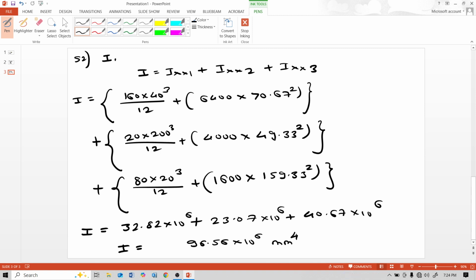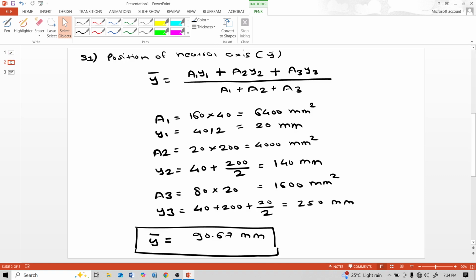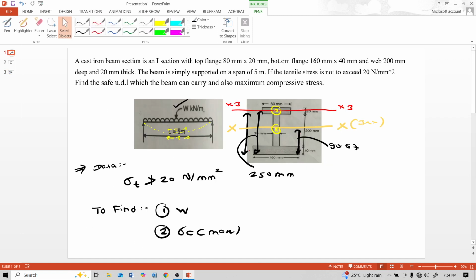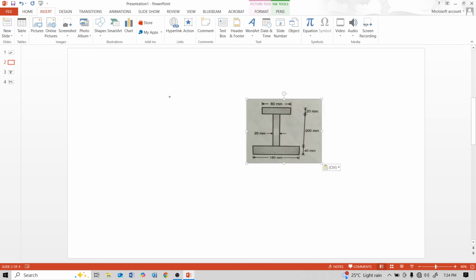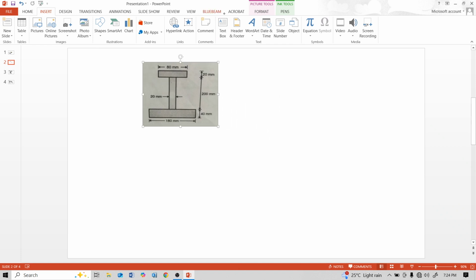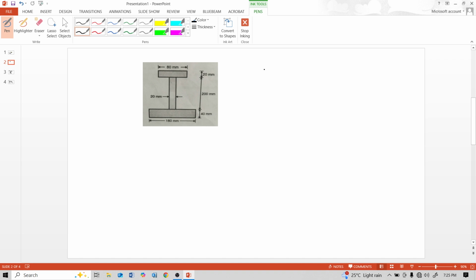This section is an I section. Our interest is to find this load, the uniformly distributed load. For that, calculate the neutral axis. So for that, the stress distribution diagram is this much.